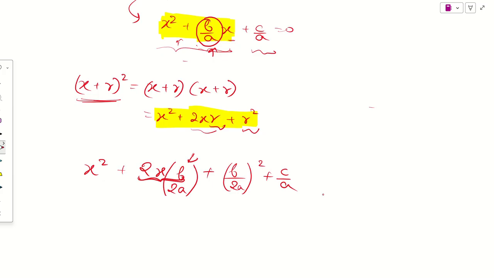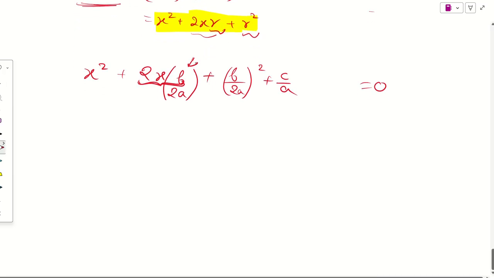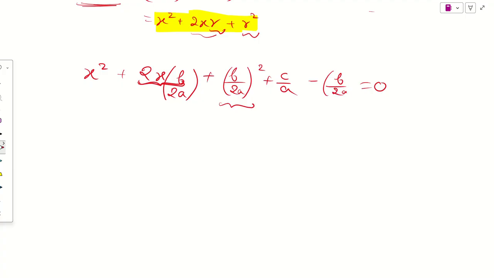equation. So what additional thing we have done here is, we have added this part which disturbs the balance of our equation. So we have to subtract the same thing here. How can we write this? We can write it as a perfect square, that is x plus r.